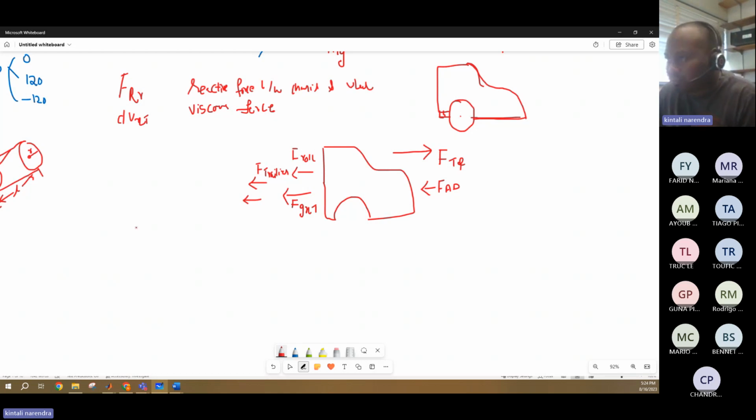Now, to conclude with what speed the vehicle is moving, take the force which is moving the vehicle, FTR, minus FAD, minus F roll, minus FGXT.